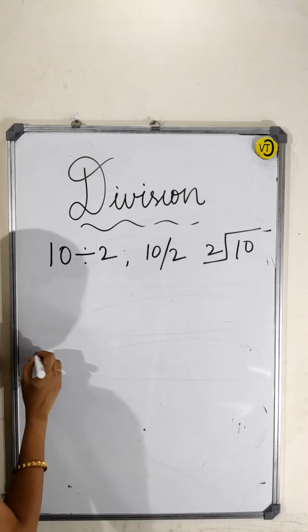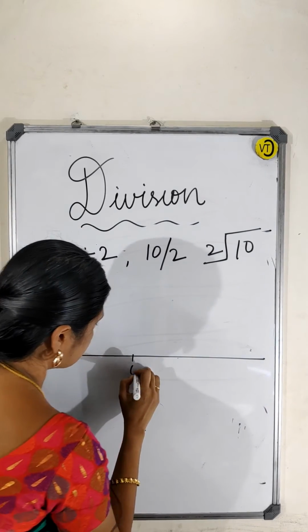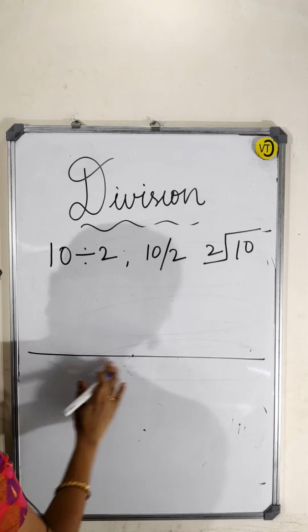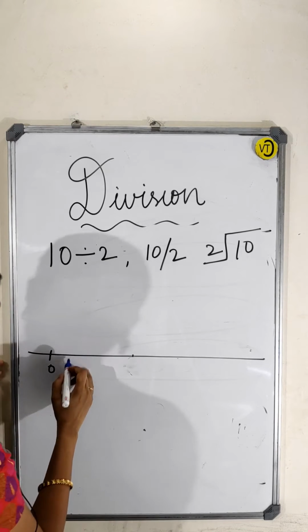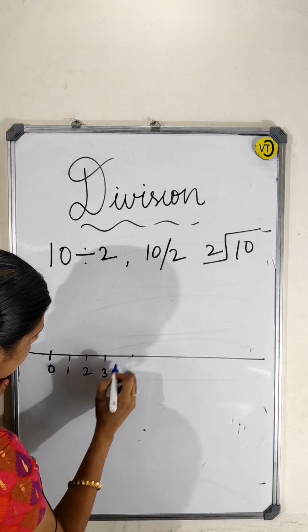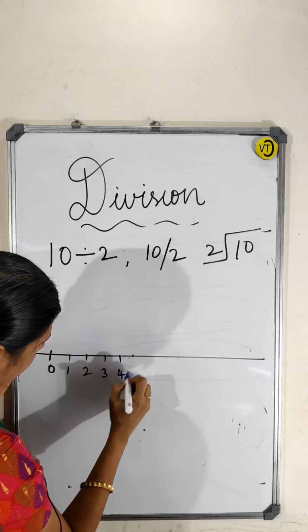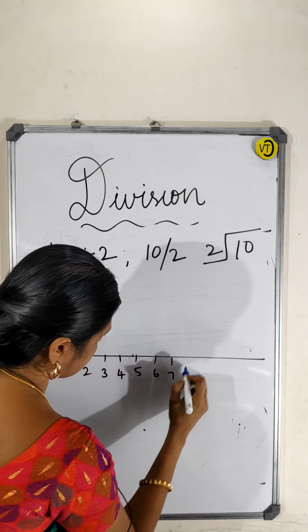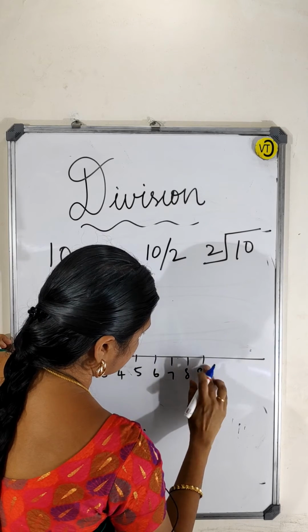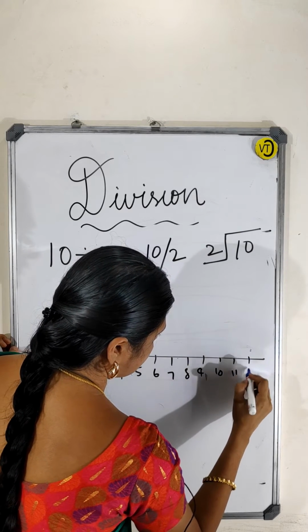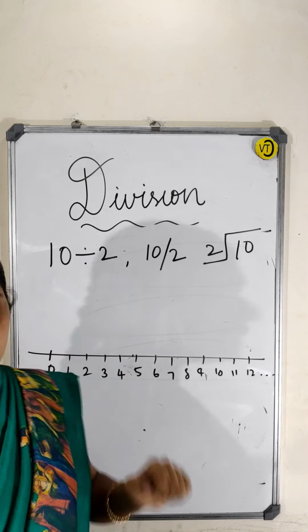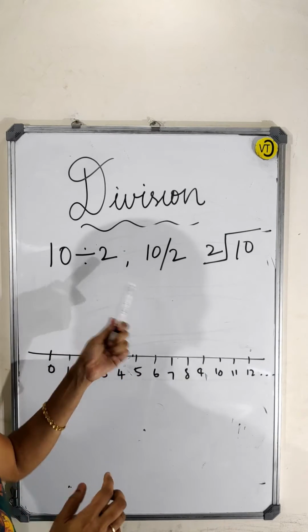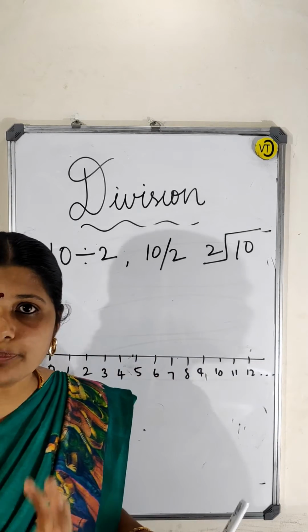Now I am going to draw the number line. What is a number line? Numbers on the line. Yes. So I am writing the numbers on the line: 1, 2, 3, 4, 5, 6, 7, 8, 9, 10, 11, 12, going on. 10 divided by 2, I am going to get the answer from the number line.